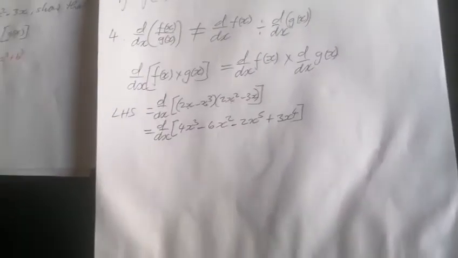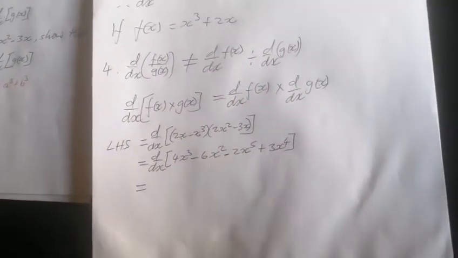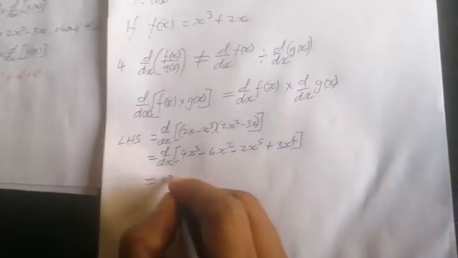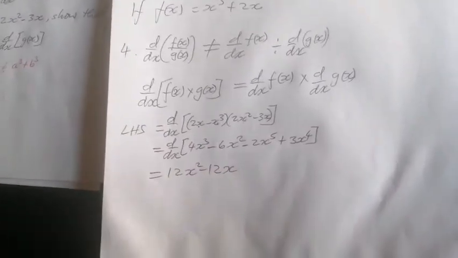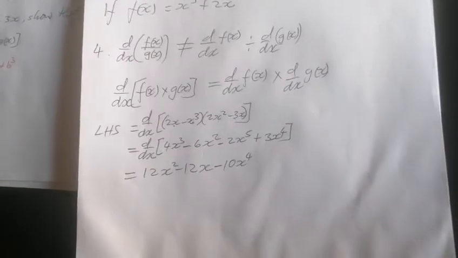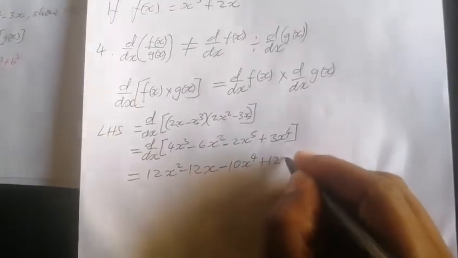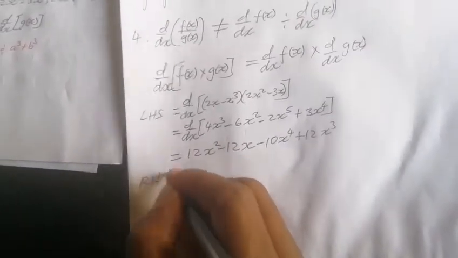It is already in the differentiable form, so we can apply the rules, and then we don't write this anymore because we are differentiating. That's 12x squared, because the 3 multiplies the 4 and 3 reduces by 1. That's minus 12x. That's minus 10x to the power 4. That's plus 12x cubed.